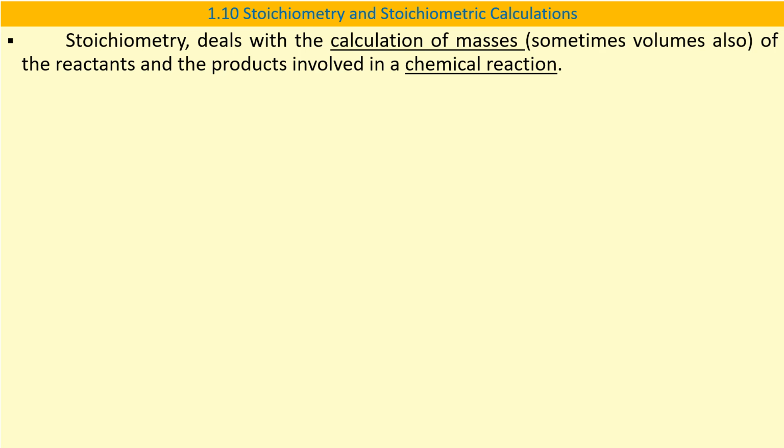Before we understand how to calculate the amounts of reactants required or the products produced in a chemical reaction, let us study what information is available from the balanced chemical equation. Let us consider combustion of methane. A balanced equation for this reaction is given below.